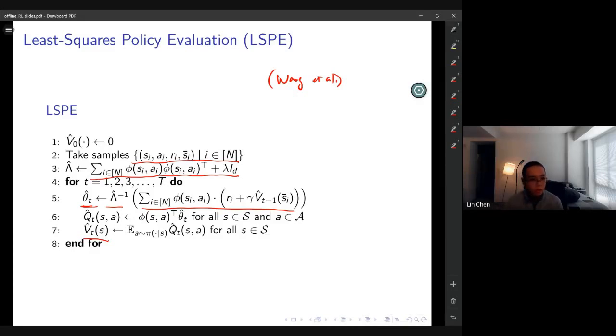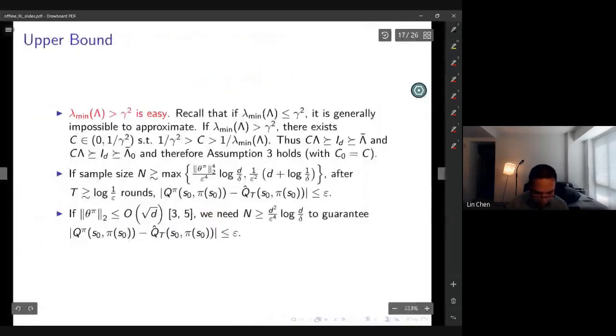But there are also many improvements and different techniques I introduced in this upper bound. Due to the time limit, I will skip the proof for the upper bound and focus on the hard instance construction. And here are some interpretations of the upper bound results.